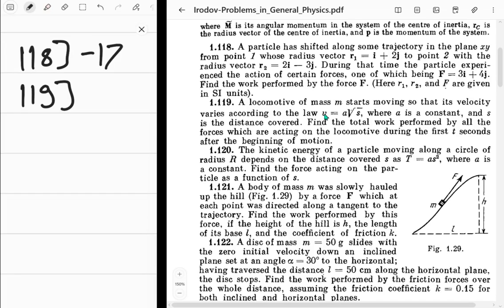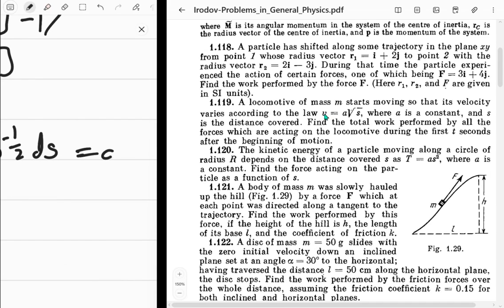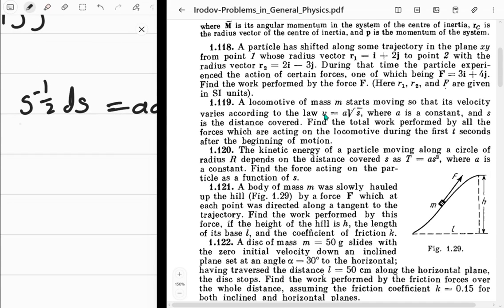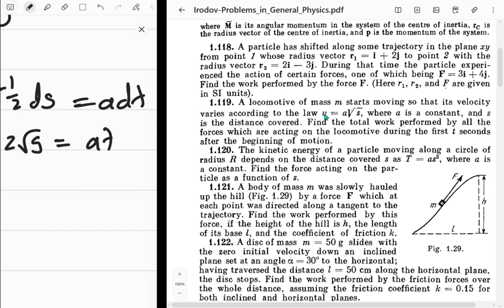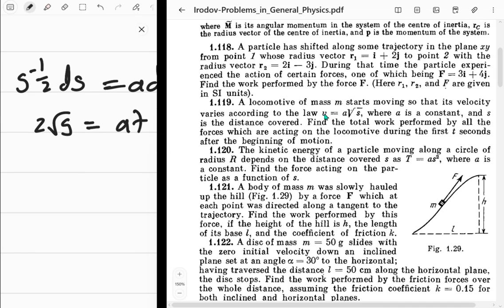So all you get is s to the power -1/2 ds is equal to a dt, and then you can integrate to get s. So 2 times the square root of s is equal to a times t, because s initially is 0.